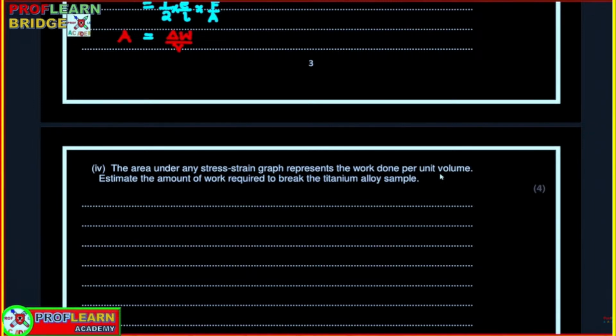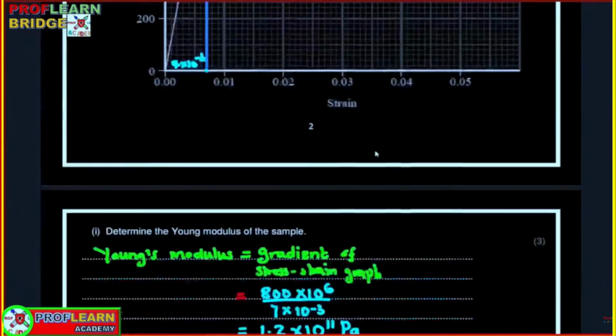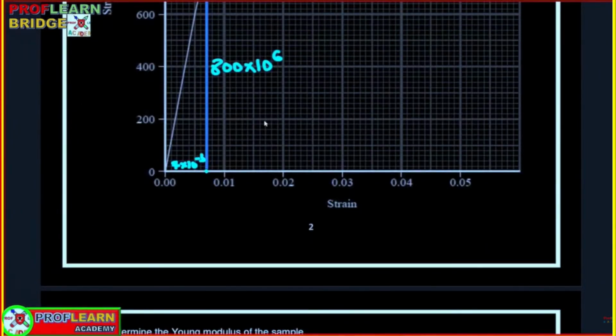Now, working at Roman form, we are told that the area under the stress strain graph represents the work done per unit volume. Estimate the amount of work required to break the titanium alloy sample. So meaning that we can now go back and work out the area of one square.